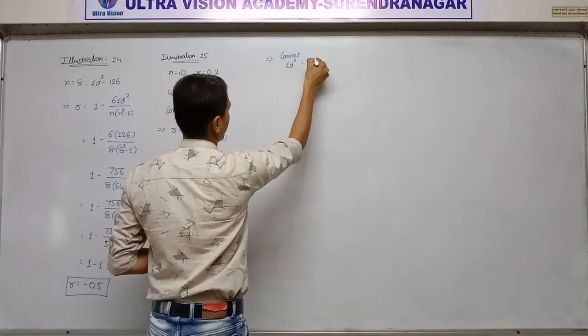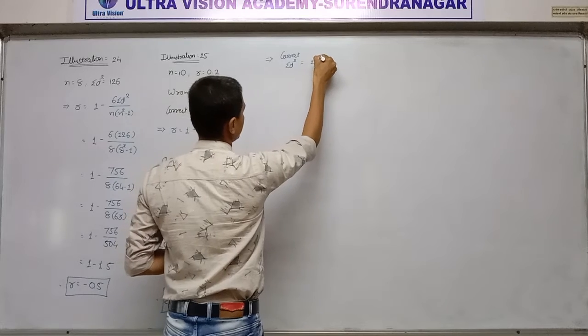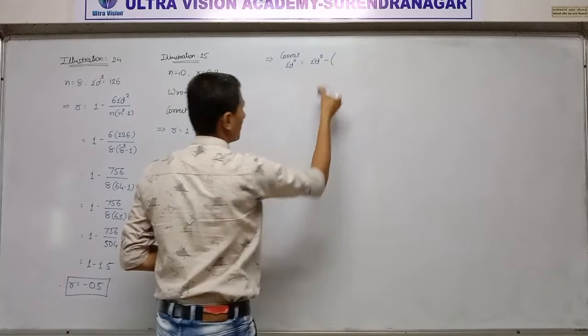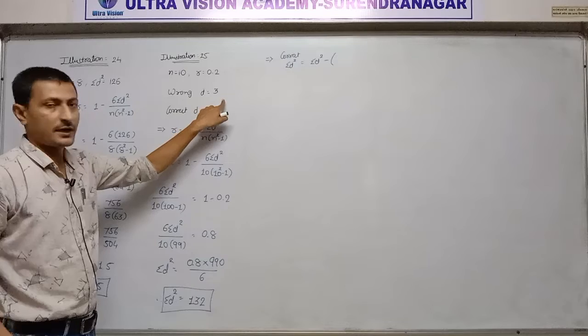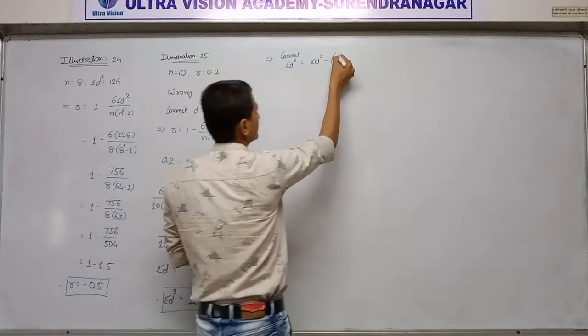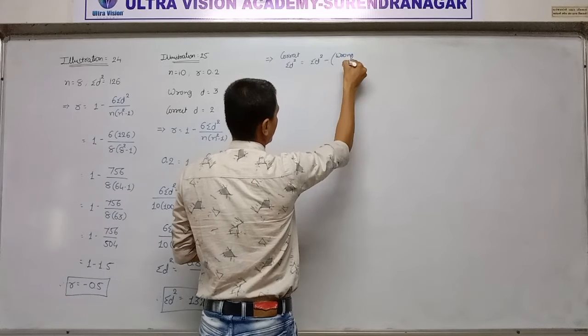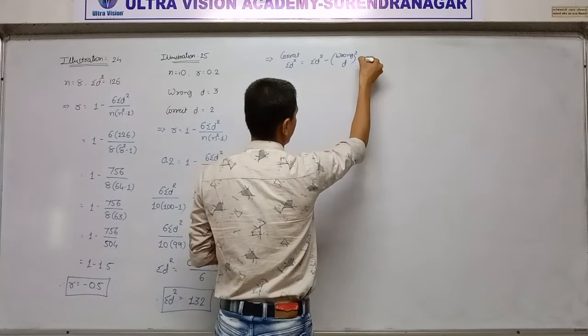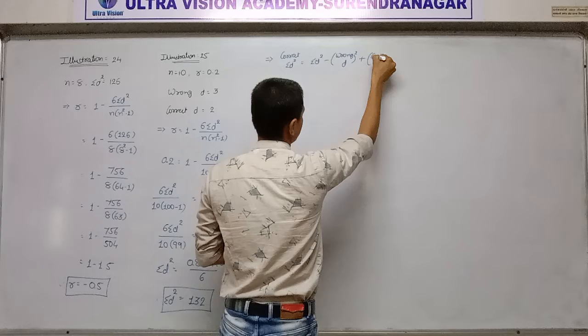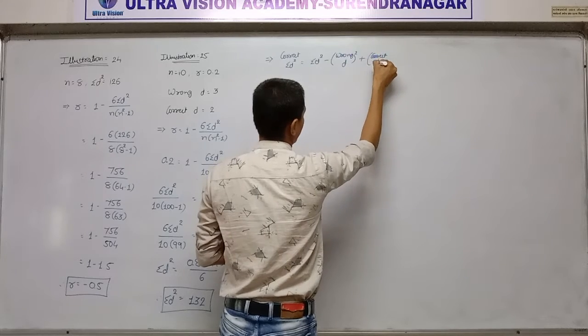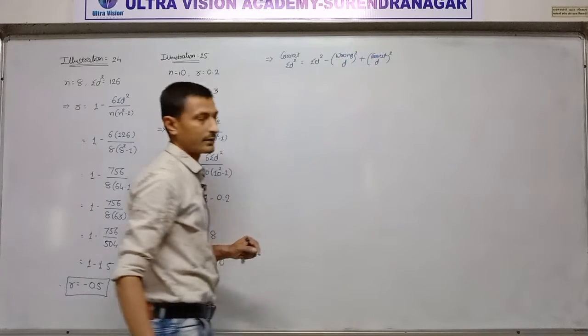Correct sigma d square is equal to sigma d square minus wrong d whole square plus correct d whole square. Okay, why?